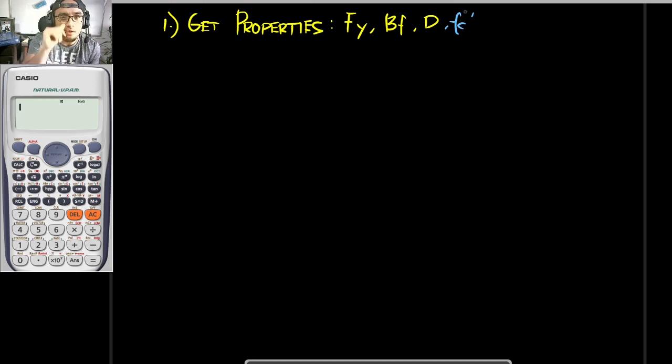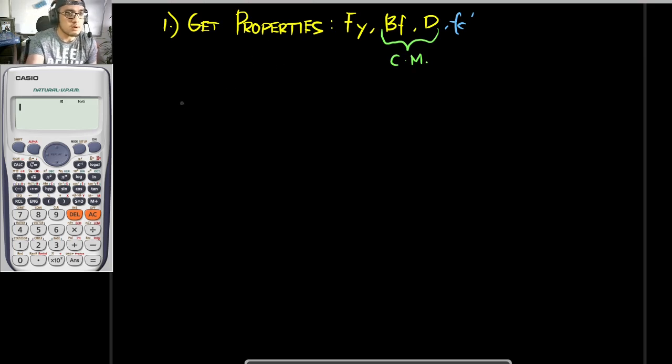Confirmation, guys, meron ba kayong reinforced concrete subject this sem? Meron, sir. Okay, so alam nyo naman na tong FC prime natin. So this is the 28-day compressive strength of your concrete. Okay, so lagyan ko lang ulit ng note to. This is for the compression member on top. So, CM.